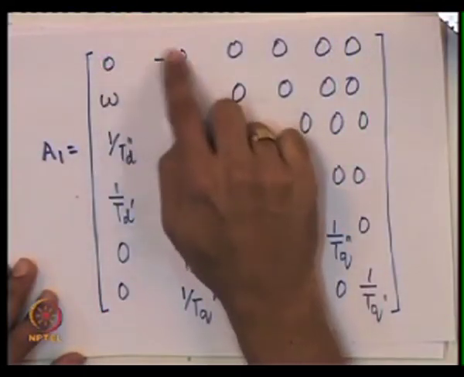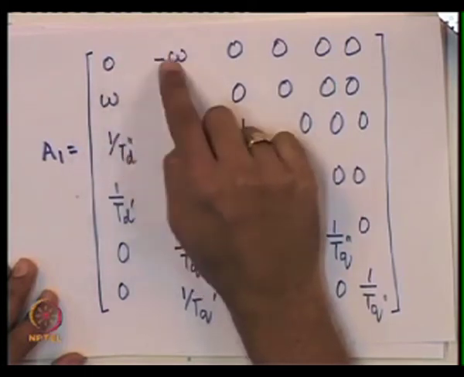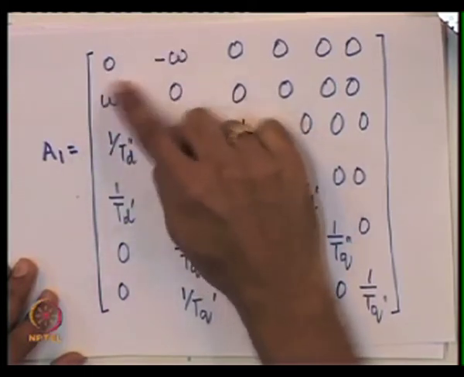If you look at the state matrix, for the first two states it has got omega, minus omega and omega in the off diagonal elements. That is just a guess, but it is an interesting exercise to prove this formally using participation factors, and I encourage you to really do it.